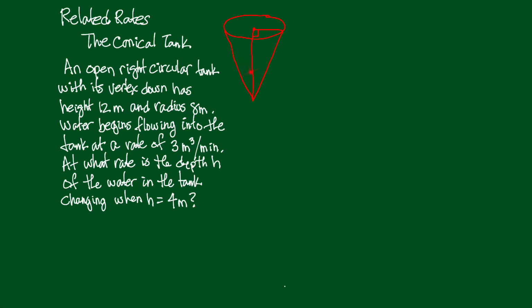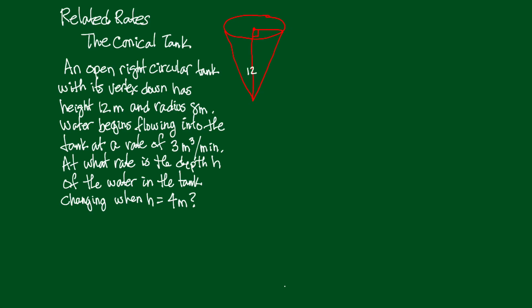So when the height is here at 4, how fast is that height changing? Now you can imagine this. If the height is down here and you put in 3 cubic meters, we're going to get a pretty substantial change. But if the water's already up here, if you put in 3 cubic meters, oh, we're going to get kind of a small change in the height.